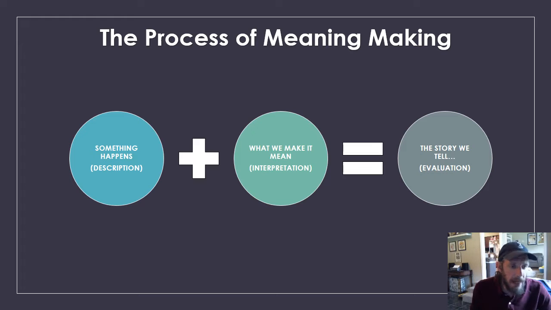Right, so we are meaning-making machines. Human beings, everything means something, right? We're not animals running just on instinct. We have the blessing and the curse of thinking about things, of overthinking things, of interpreting everything that we see that happens to us.